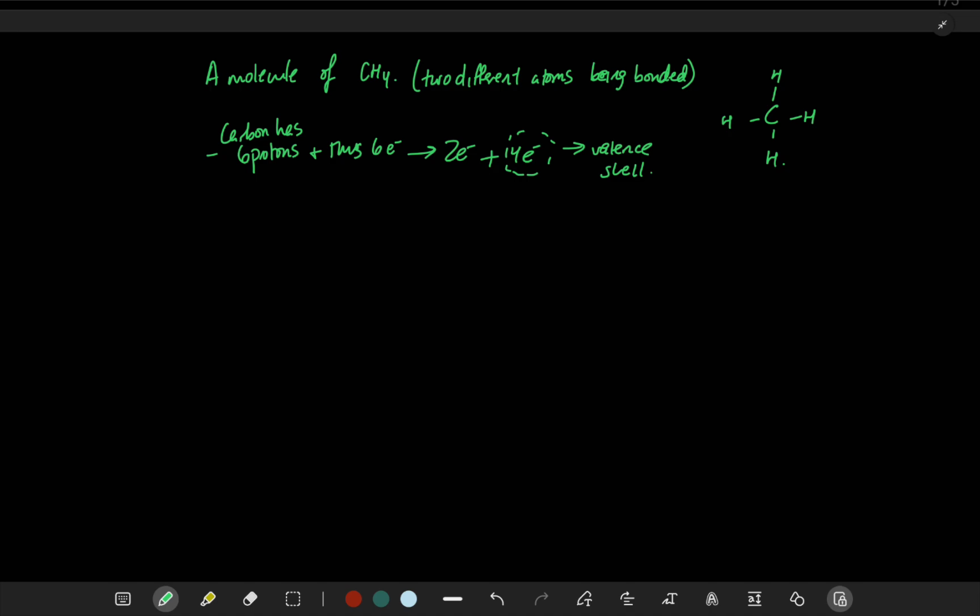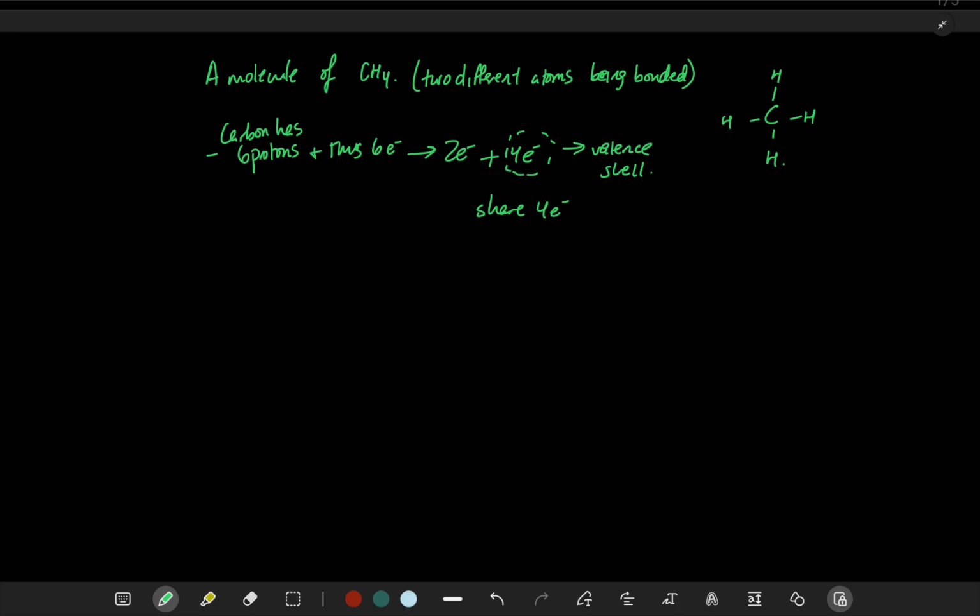Now, carbon is not an exception to the octet rule, so in order to attain full stability, it's going to want to have 8 electrons in its valence shell. So that leaves us with 4 electrons that carbon has the ability to share, to get to that stable octet configuration.